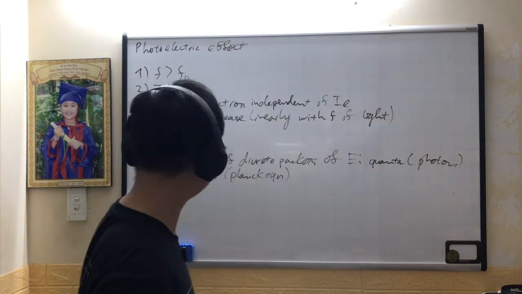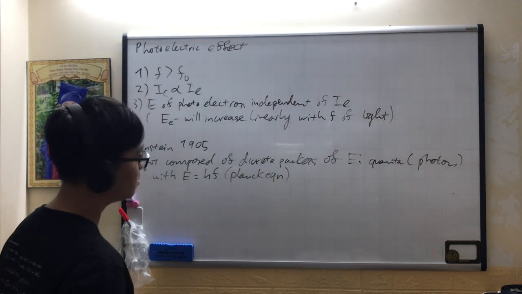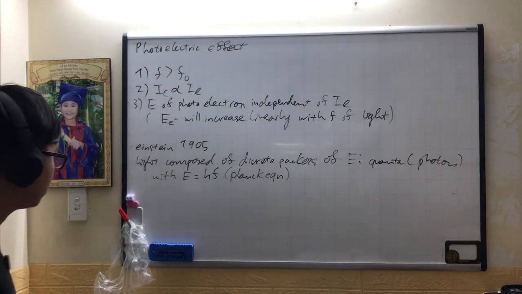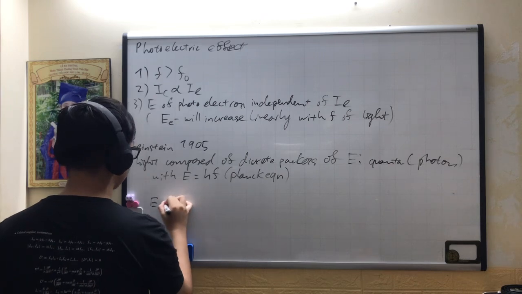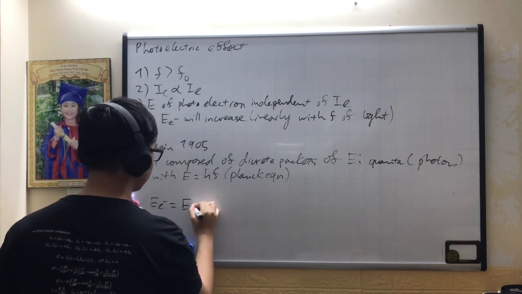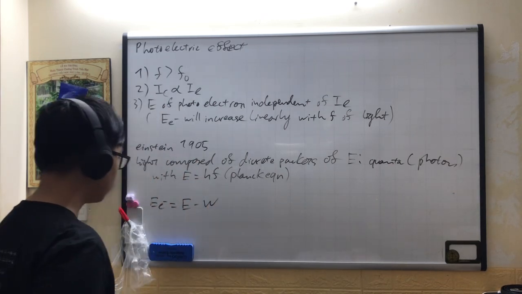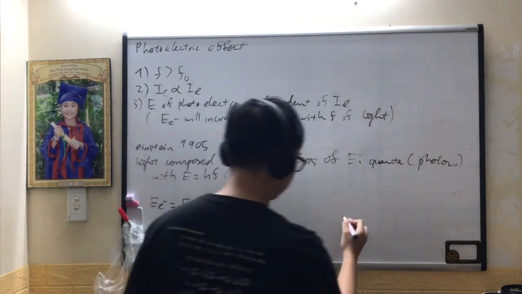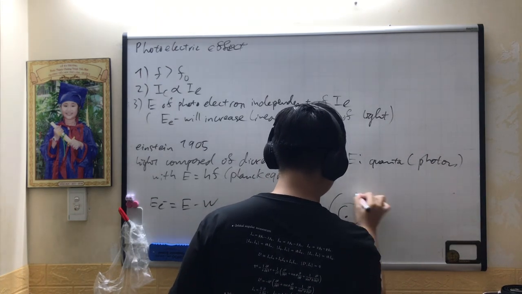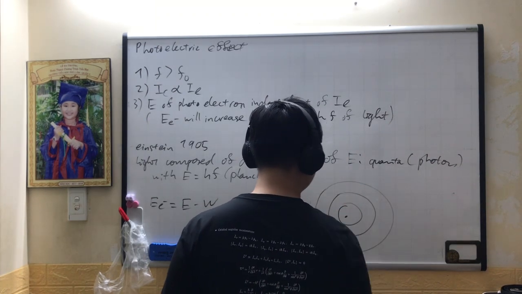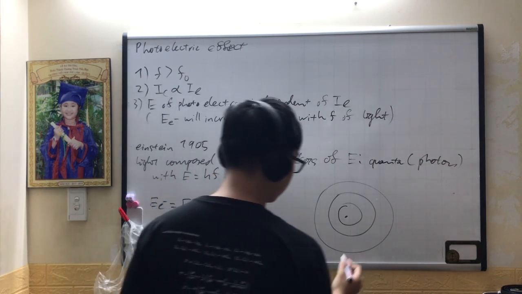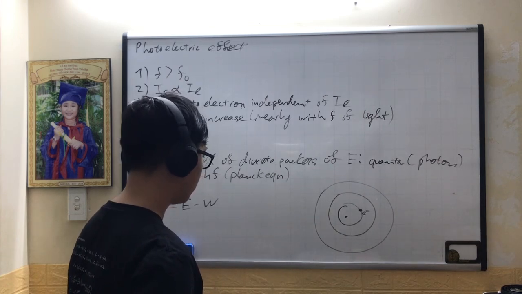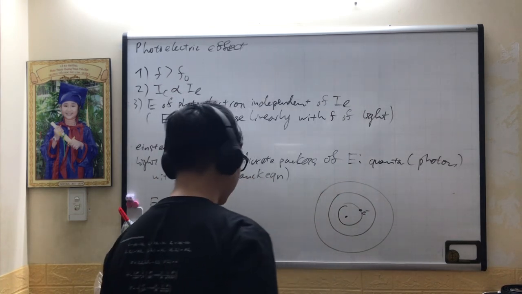To see this a little bit clearer, we're going to talk about the energy of the photoelectron. The energy of the photoelectron is equal to E minus W. So what is W? Imagine, for example, a molecule with different Bohr radii here. Suppose your initial electron is here, and you want it to emit a photoelectron.